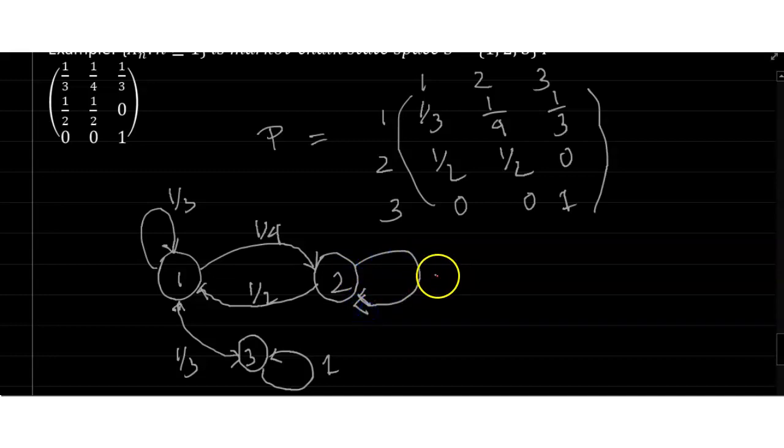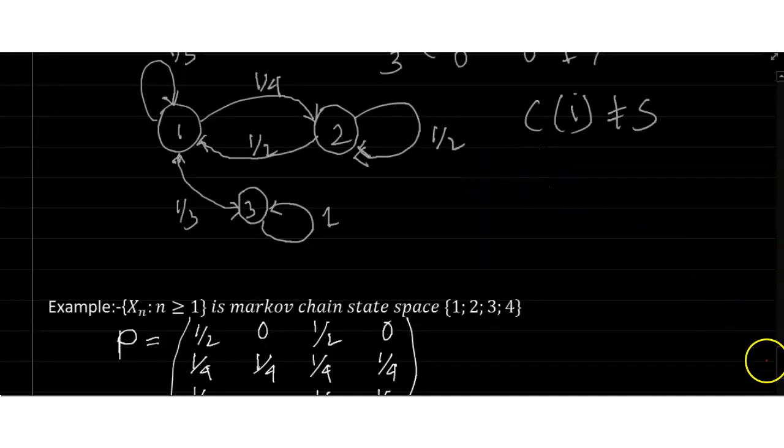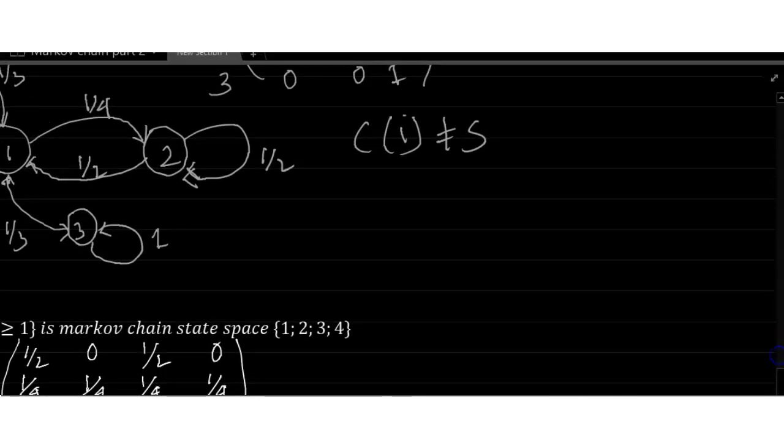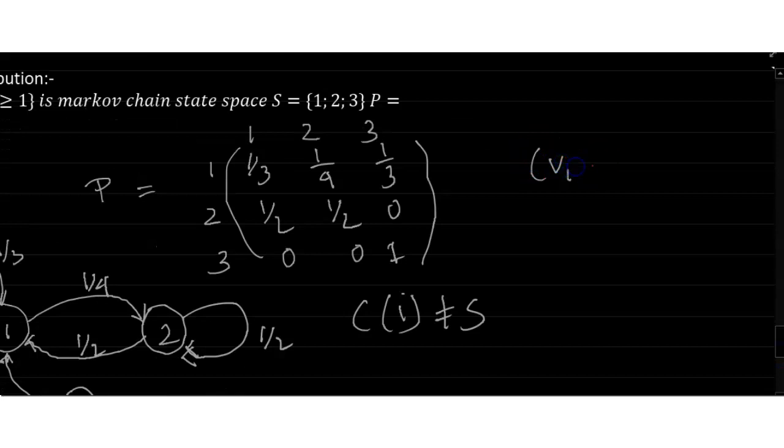So friends, in this case we see that Ci does not equal S, and in our equation we just multiply V1, V2, V3 with this matrix.